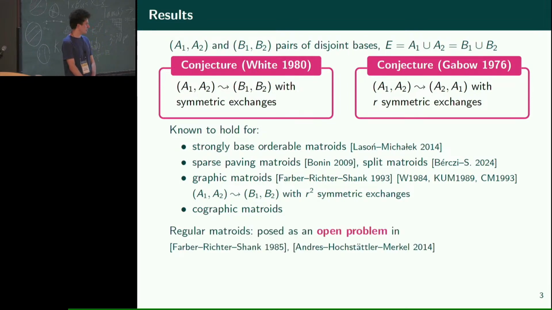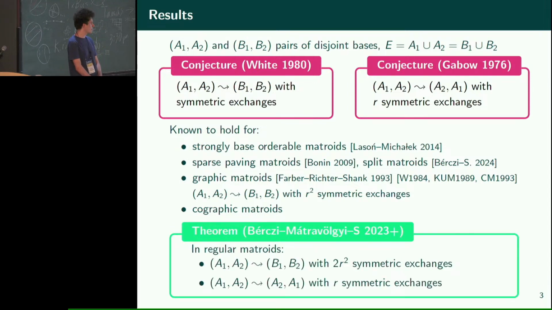It was also asked in at least 2 papers whether someone can show them for regular matroids, and our result is that we showed that these 2 conjectures do hold for regular matroids. In particular, for White's conjecture, the sequence that our proof gives has length 2 times the square of the rank. So we also get a bound on the distance, which is slightly worse than what the proof gives for graphic matroids.